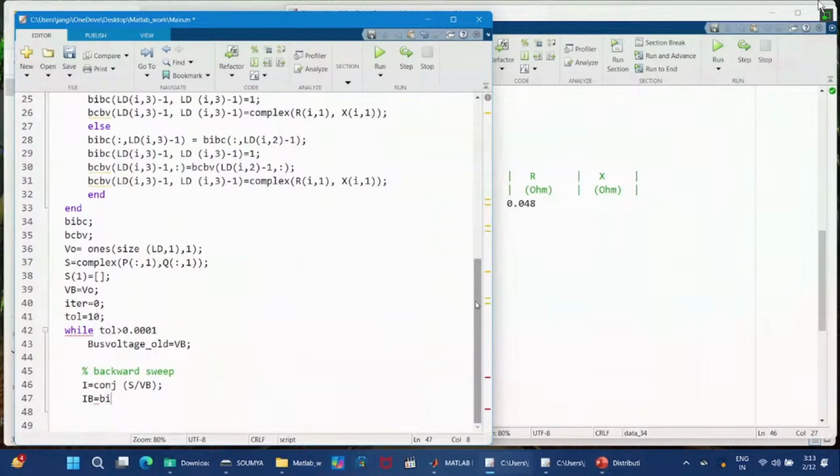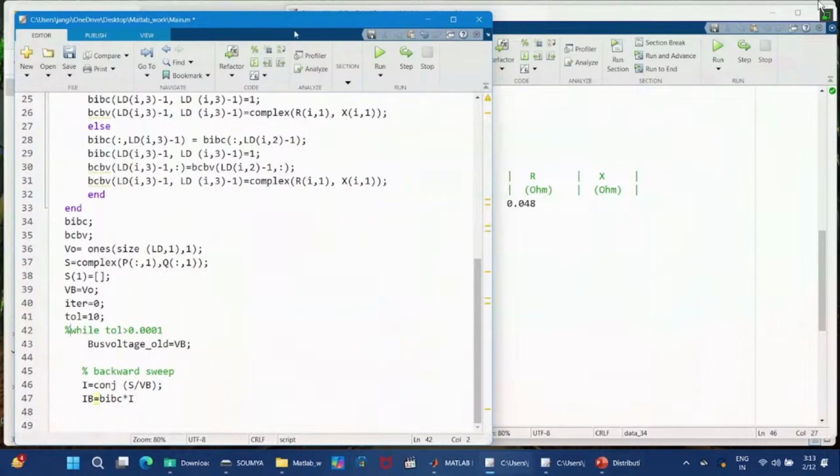So it's supposed to be BIBC into I. We hope we will be able to calculate the branch current. For the time being, this iteration is not completed. If I comment this part, let's see whether IB is coming or not.